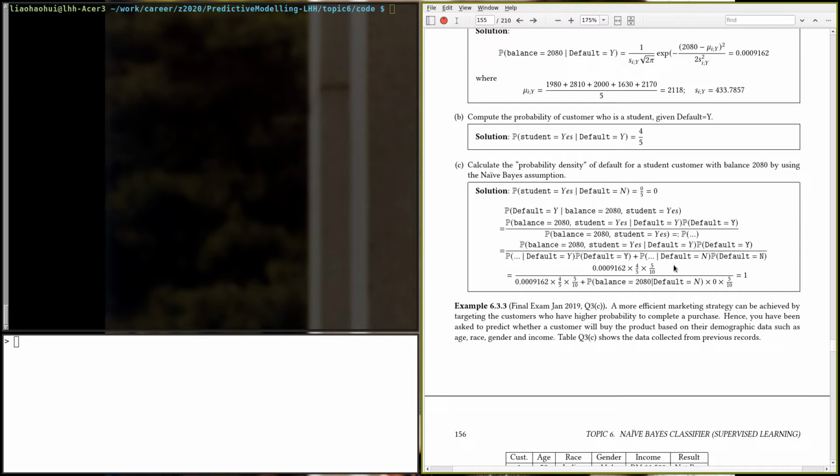That's why we need to find this thing. So the student yes given default no is actually 0, and therefore we are able to find that it's actually 100%. Anyway, this thing we'll see again in the example.